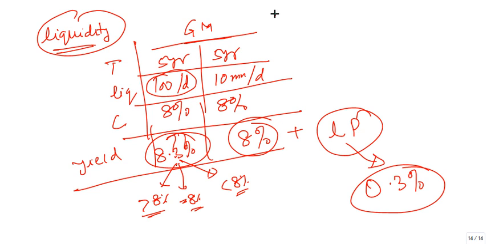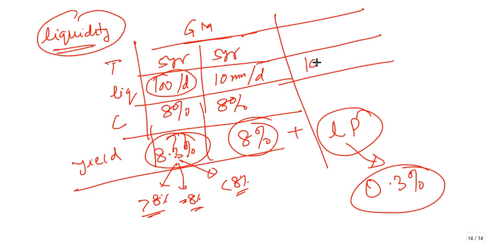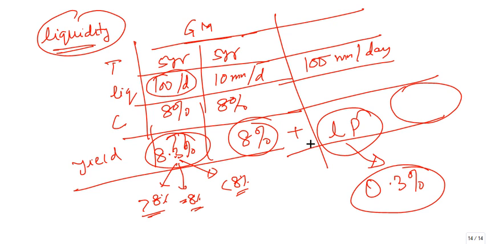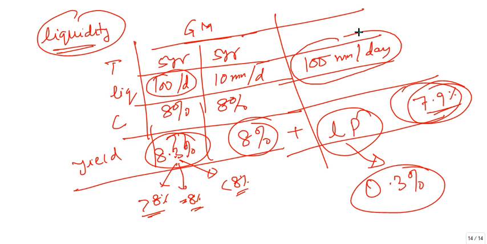Now compare another General Motors bond with the same characteristics, but the trading of this bond is 100 million per day. When it is 100 million per day, the liquidity will be higher, because this 8% would have some liquidity also, so you will say that you will require maybe only 7.9%. Those bonds where the liquidity is higher, the liquidity risk is lower.